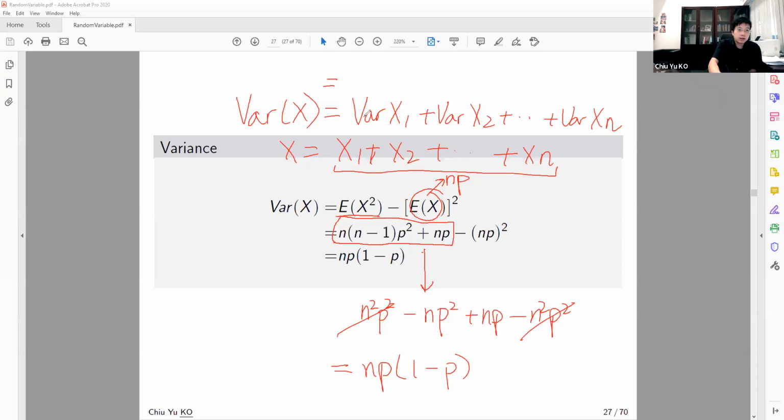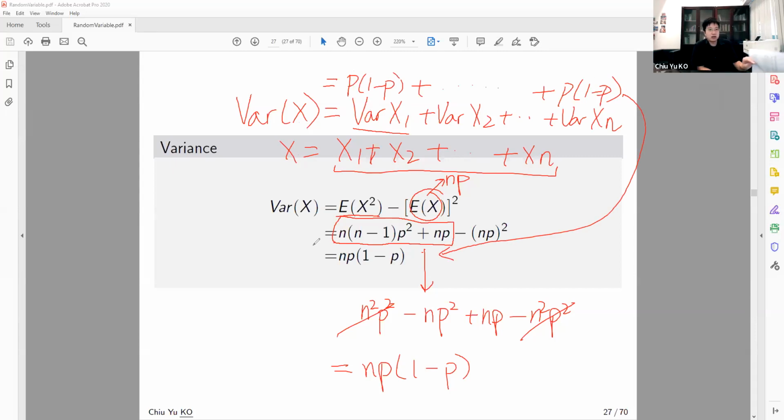Remember, for each the variance is p times 1 minus p. So at the end, this will give you np times 1 minus p. It doesn't come as a surprise to you. So even though I proved it the long way, actually you don't need that. You can just say that because each is p times 1 minus p and they are independent, we're done. But I'm showing you that you can prove it directly or you can do it smartly. Is that okay?